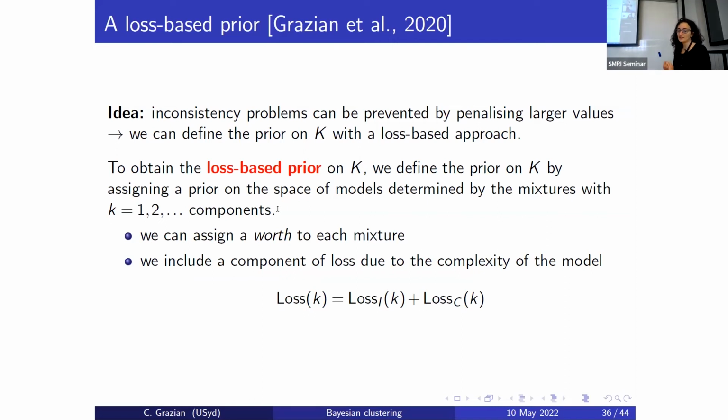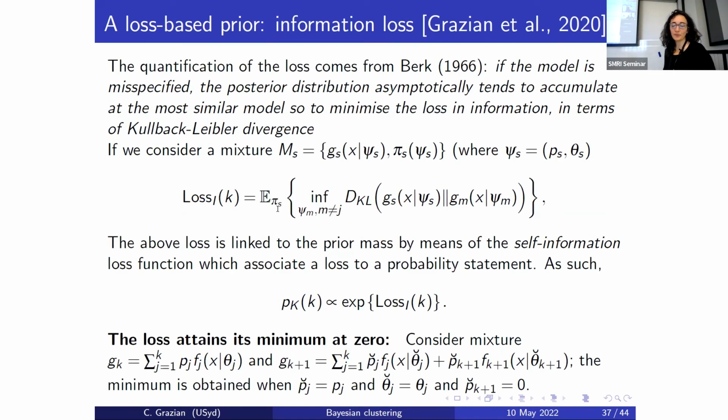So the idea that we had was to use a loss-based approach to defining the prior for K. We try to define a loss function on the number of clusters, trying to formalize what we want to avoid in the estimation procedure.